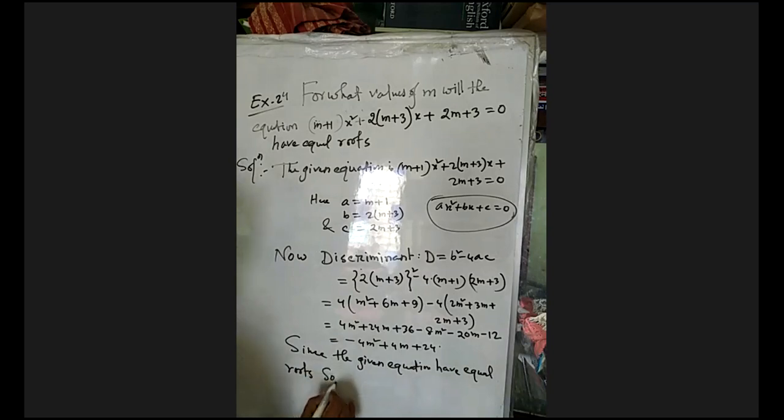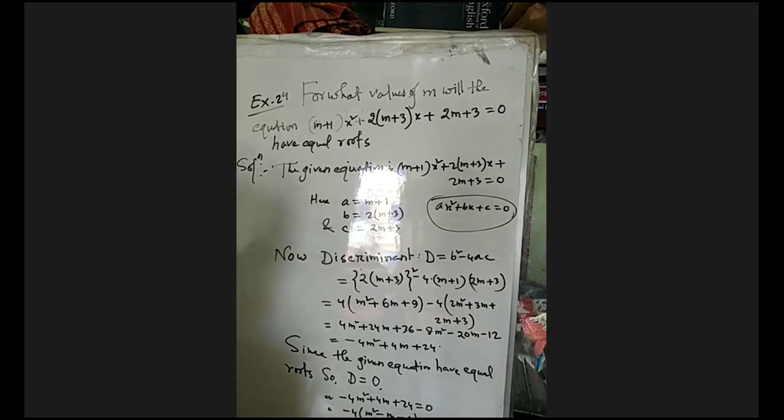So D means minus 4m² plus 4m plus 24 equals 0, or taking minus 4 as common, m² minus m minus 6 equals 0.